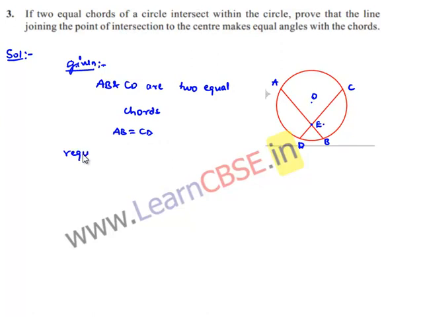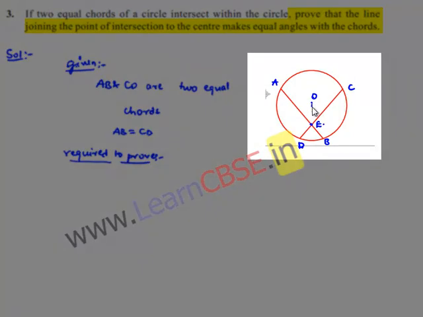We are required to prove that the line joining the point of intersection, that is E, to the center makes equal angles with the chords, that is angle OEC must be equal to angle OEA. This we need to prove.